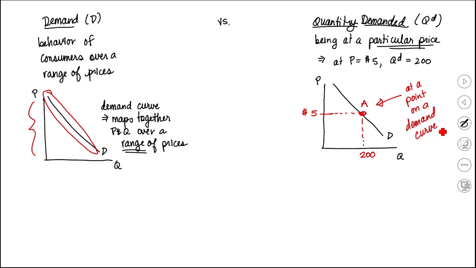So I know exactly what point I'm on this demand curve. Does this distinction make sense to everybody? Okay. So I'm going to be very precise. If I'm talking about demand, then I don't know the particular price we're talking about. If I talk about a particular price, I have to use quantity demanded.